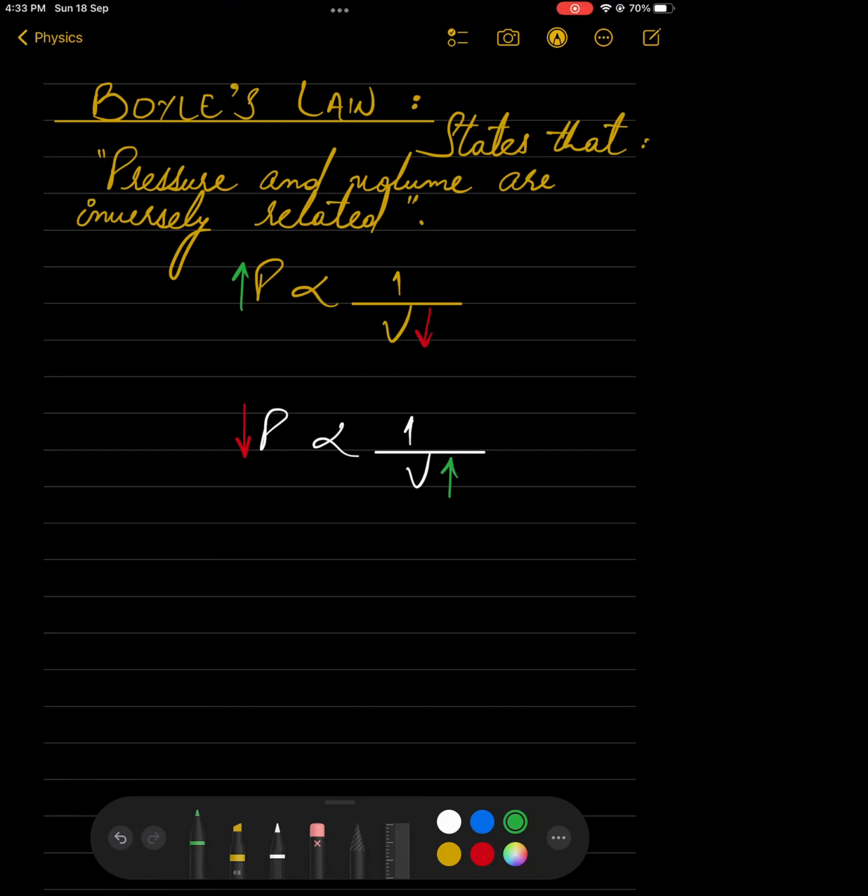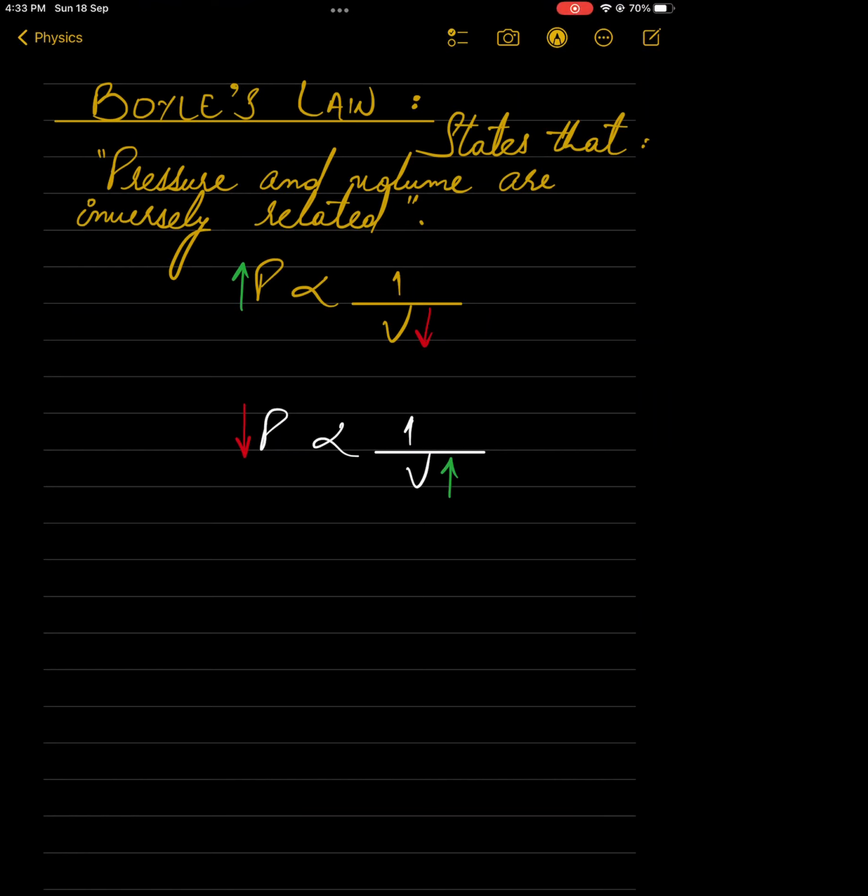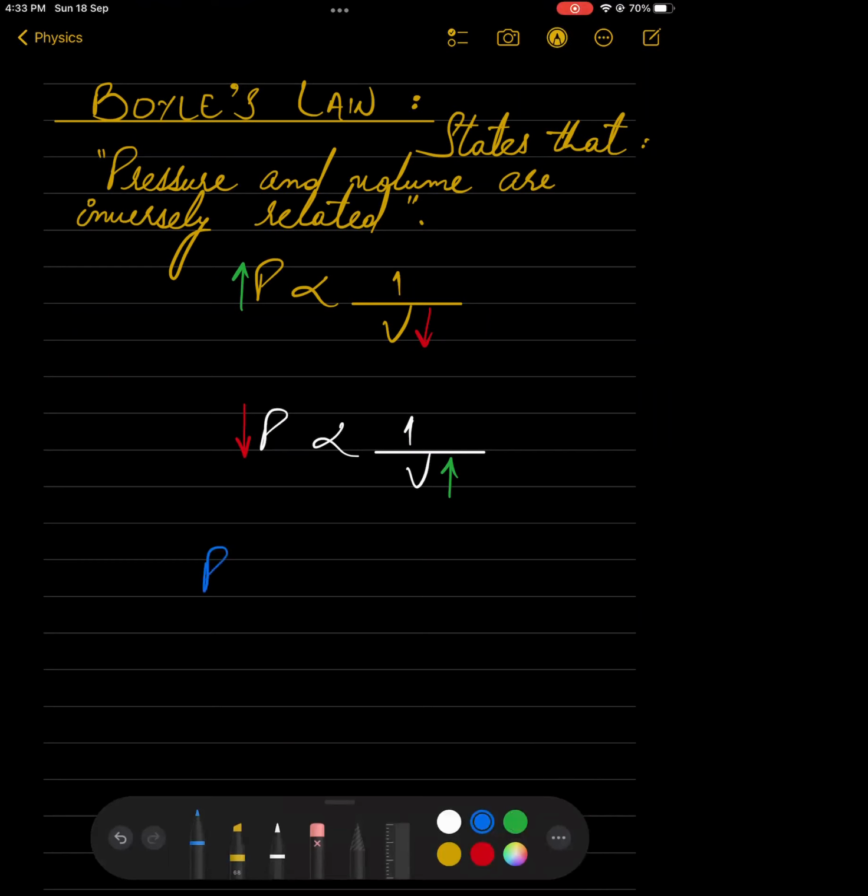अब बॉयल्स लॉ का अपना एक सर्टेन फॉर्मूला भी है. The formula is P1 V1 is equals to P2 V2.